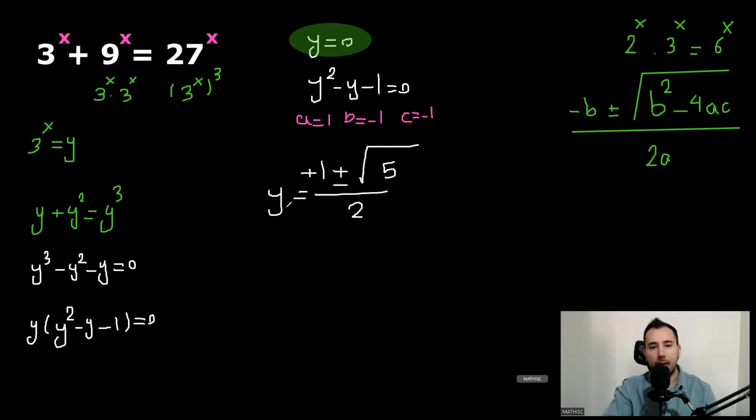Now that we have our two answers, you see, there is a problem. We need to decide which of these answers is bigger than 0, which one is positive, and which one is negative. Why? Because later we're going to go back to the main equation.